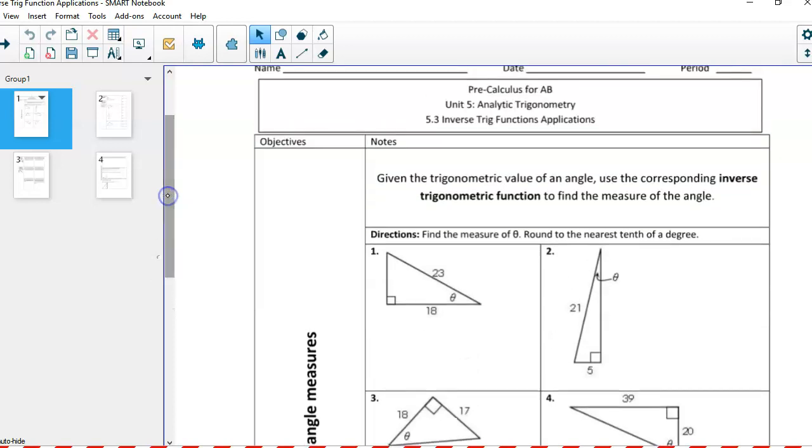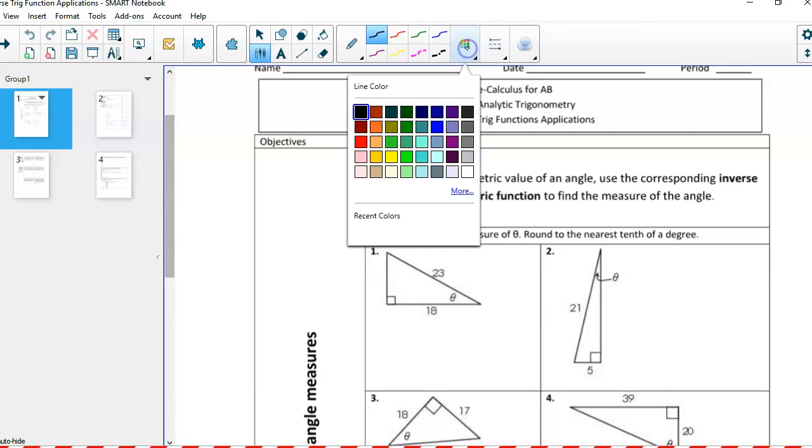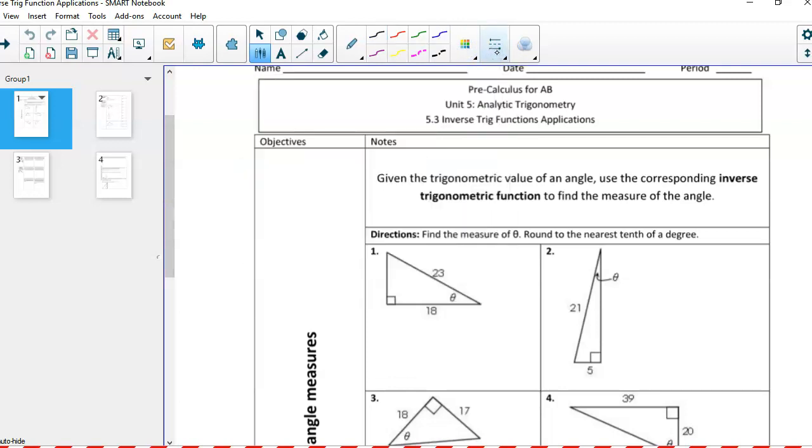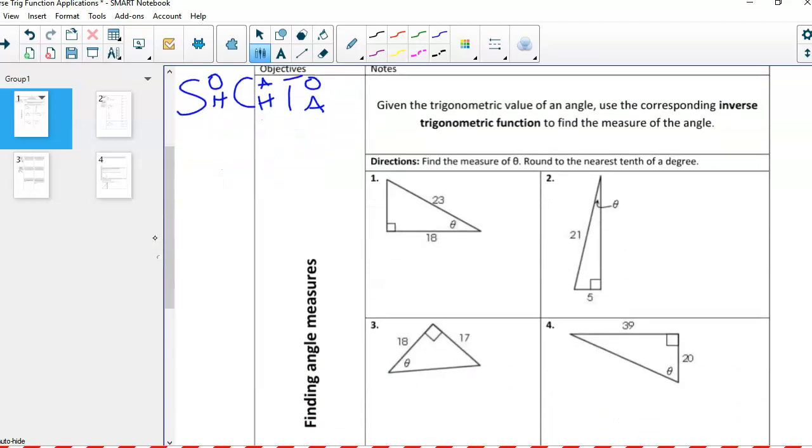Alright, so right now, this first piece is asking us to find the measure of theta. So that is us using our sine equals opposite over hypotenuse, cosine equals adjacent over hypotenuse, and tangent equals opposite over adjacent. For 1, which trig function could we use to find theta? Cosine. So we know cosine of theta equals 18 over 23. And then to find the actual angle, we're just using the inverse.